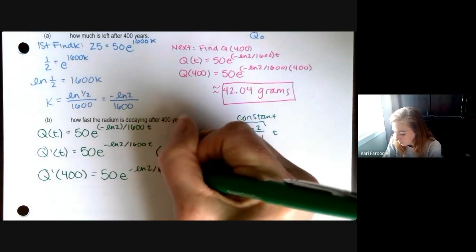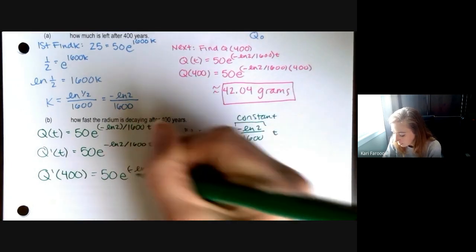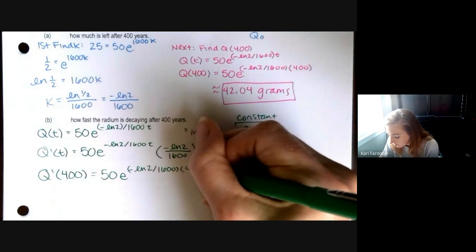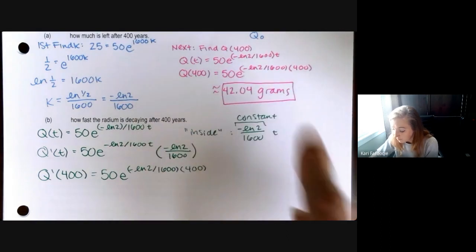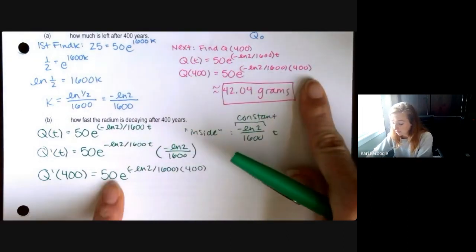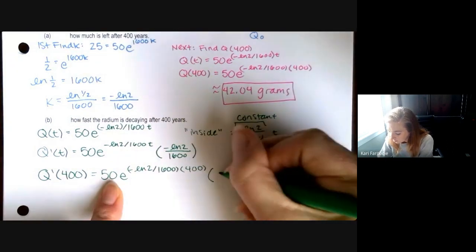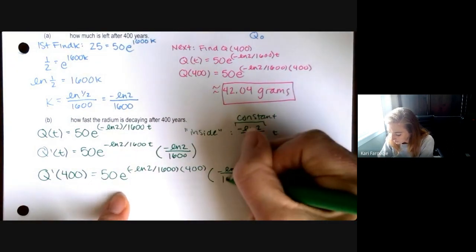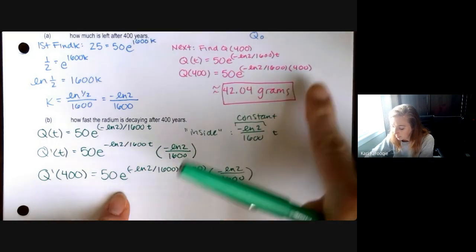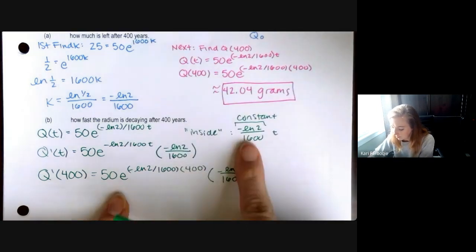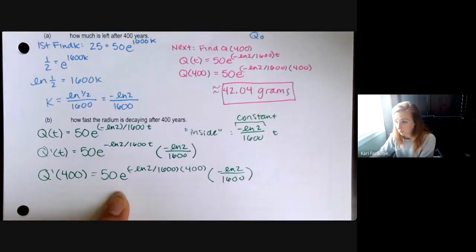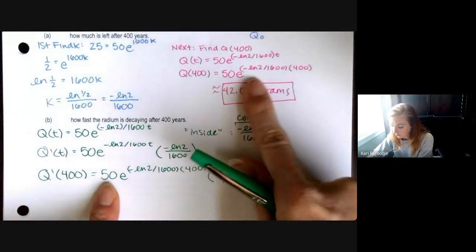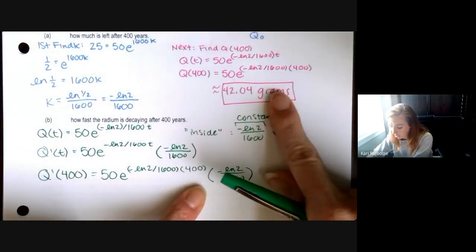Negative ln2 divided by 1600. That whole quantity is getting multiplied by 400. So that quantity we already have in our calculator. We're just going to take that and multiply it by negative ln2 over 1600. So notice this quantity right now is exactly the same as what we had before.